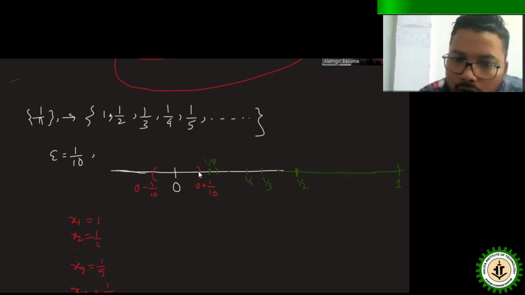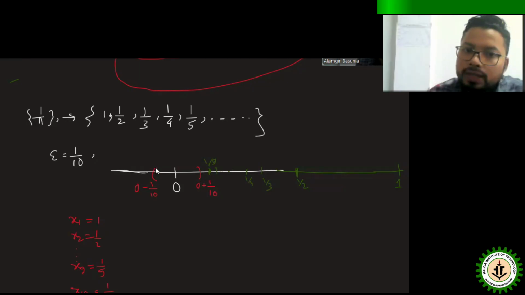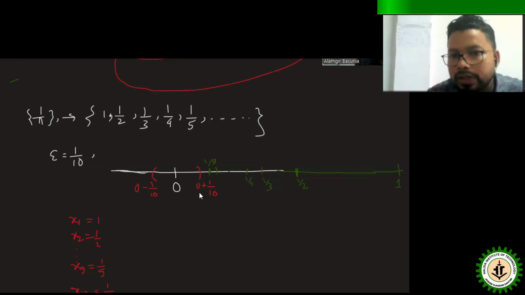But 1 by 10 is just on the boundary, so we cannot take it inside. Since we are taking this as an open interval, we cannot say 1 by 10 belongs to the interval 0 minus epsilon, 0 plus epsilon. That is an outside point.